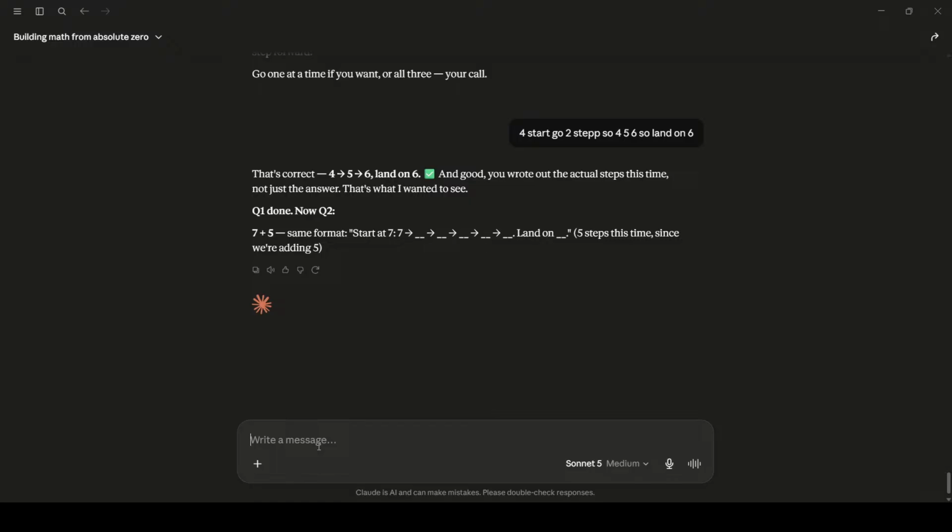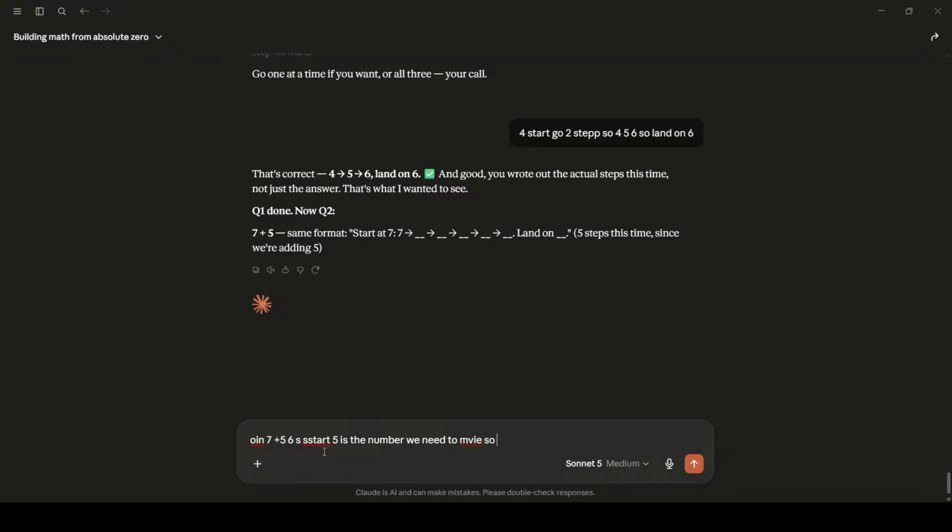We are told to move 5 positions, just like in the previous quest. So we move 1 position, 2, 3, 4, 5 positions: 8, 9, 10, 11, 12. 7 is the start, and 5 is the number we need to move.